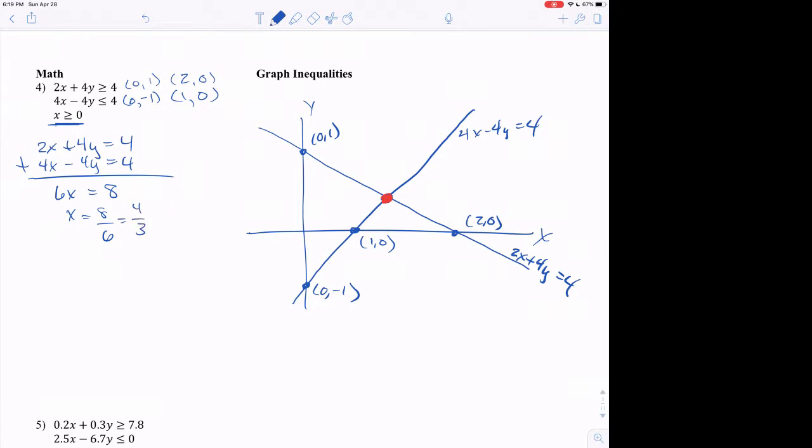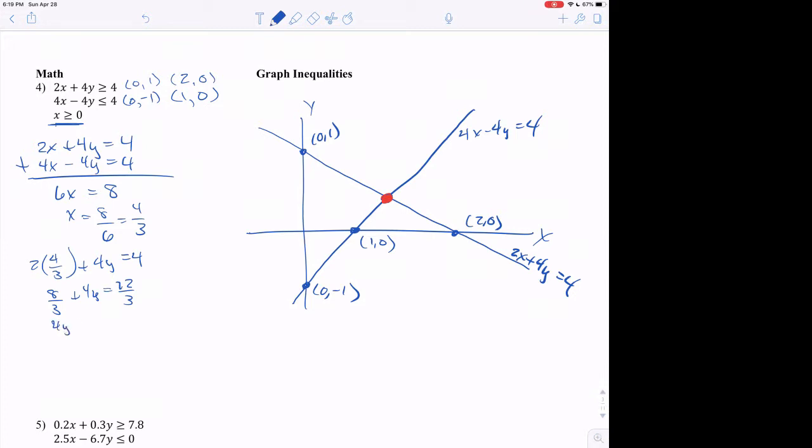Right? So if x equals 4/3, then I have that 2 times 4/3 plus 4y equals 4. So that's 8/3 plus 4y equals 12/3. Subtract 8/3.